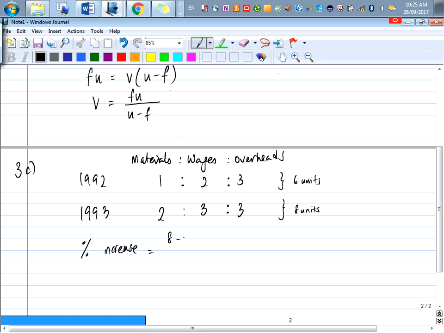So 8 minus 6 divided by 6, and I multiply this by 100%. My answer will be 33 and 1 over 3%. Cannot use 0.3, it is not exact anymore.